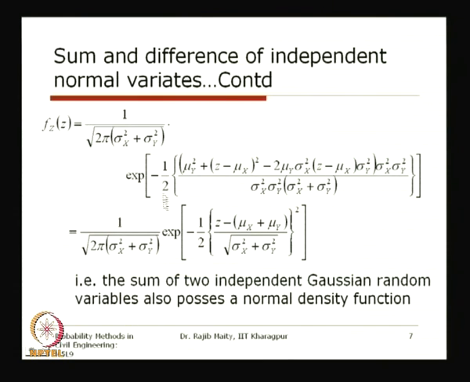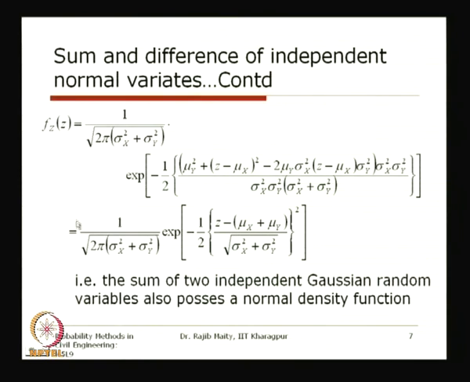we can arrange it in this final form: 1 by square root of 2 pi (sigma x square plus sigma y square), exponential of minus half, (z minus (mu x plus mu y)) divided by square root of sigma x square plus sigma y square, whole square.